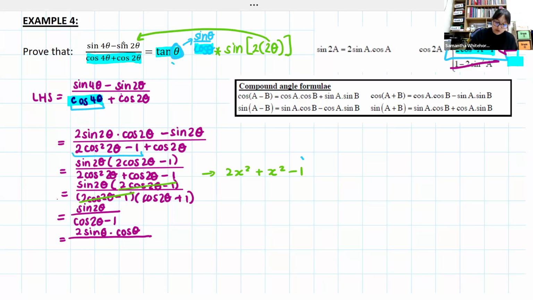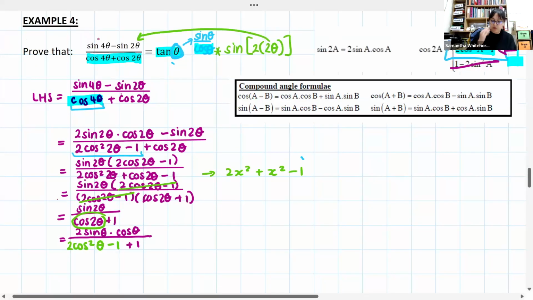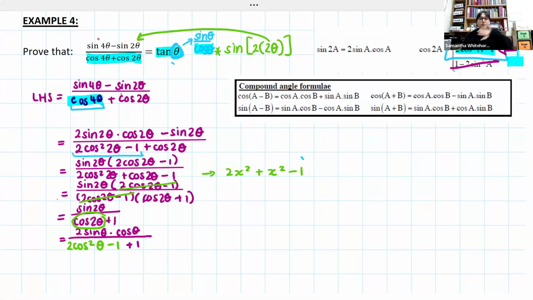So this cos 2 theta, I'm going to now apply my double angle identity to make it 2 cos squared theta minus 1. And remember, I still have, sorry, that's a plus 1. I still have the plus 1 there in the denominator. And that's just what I said earlier. Those ones probably eventually cancel out, become part of the trinomial.